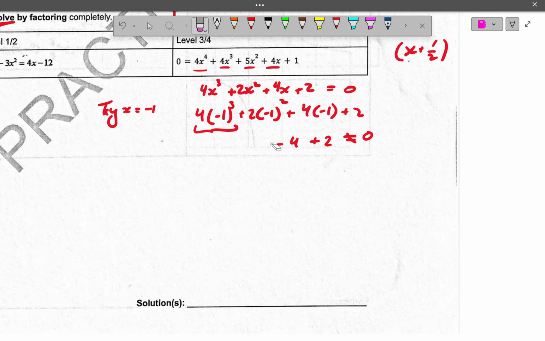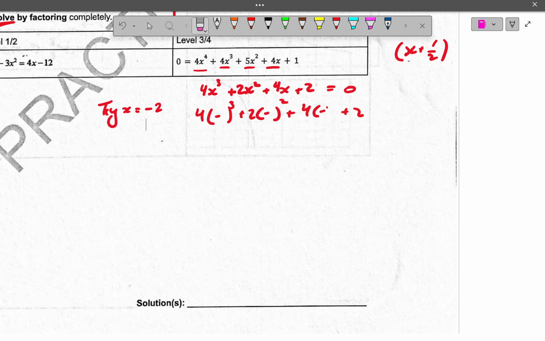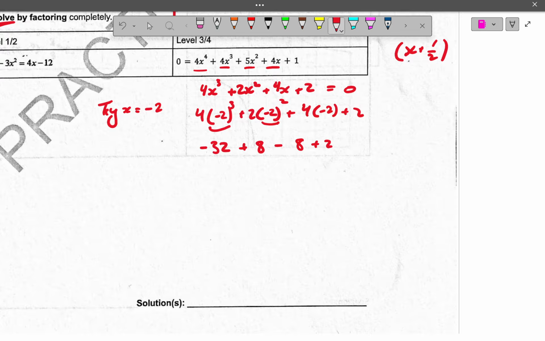I'm going to try negative 2. Negative 2 cubed will be negative 8, and then times 4 will be negative 32. Plus 2 squared is 4 times 2, which is 8. Plus 2. So that's again not equal to 0.